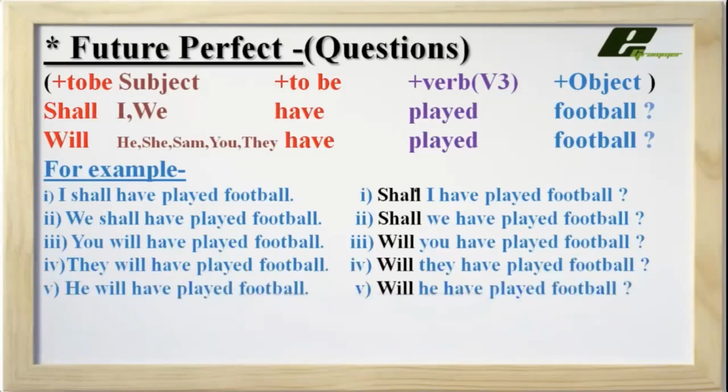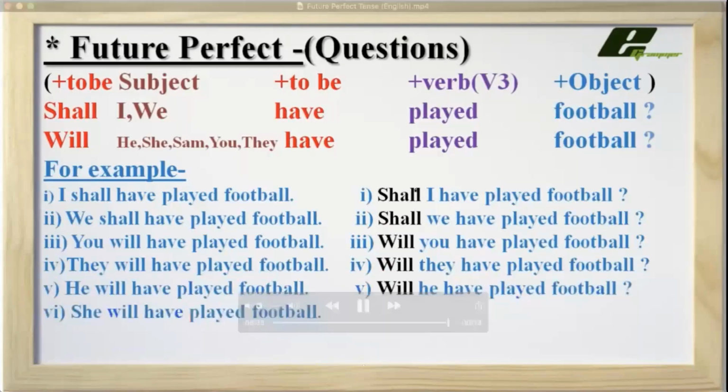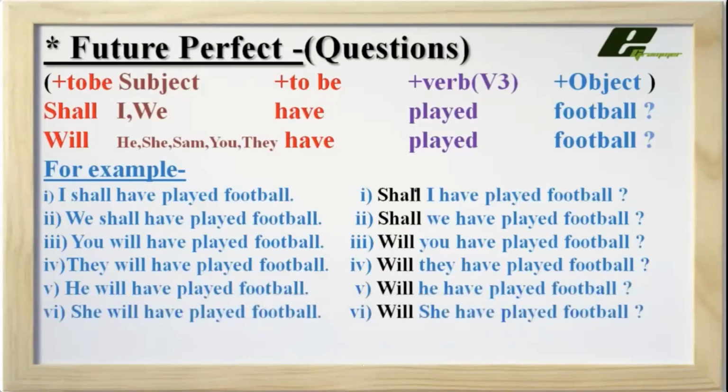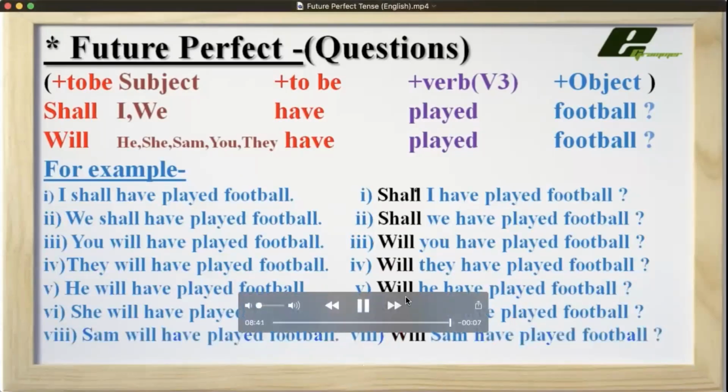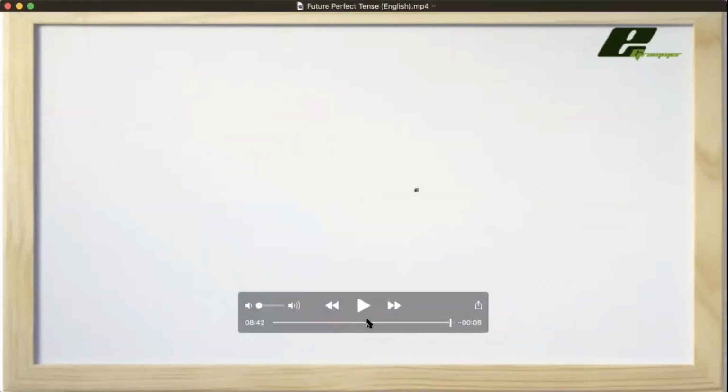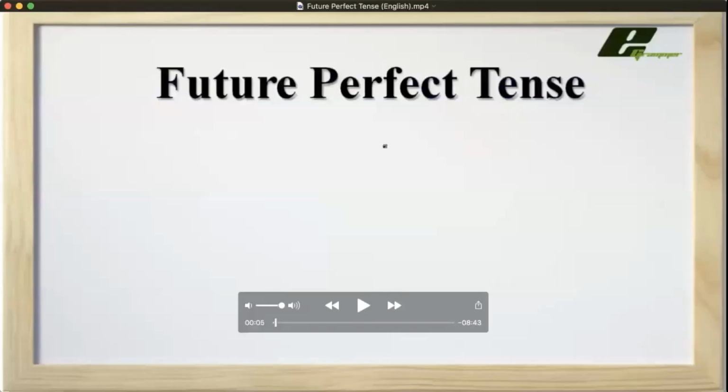Will they have played football? Will he have played football? Will she have played football? And will Sam have played football? So this is the question form of the future perfect tense.